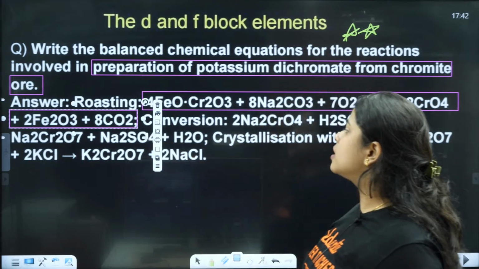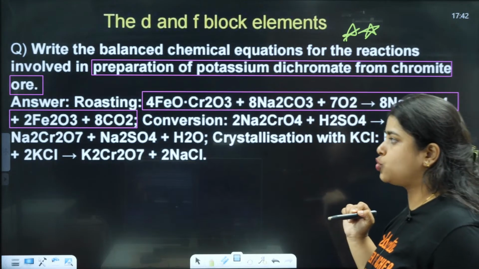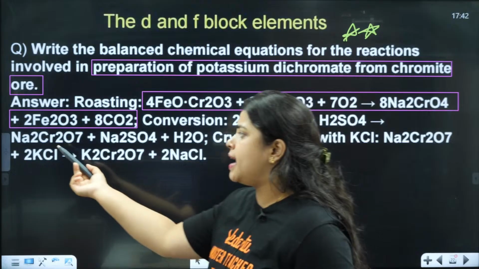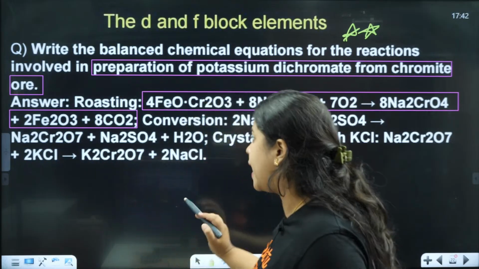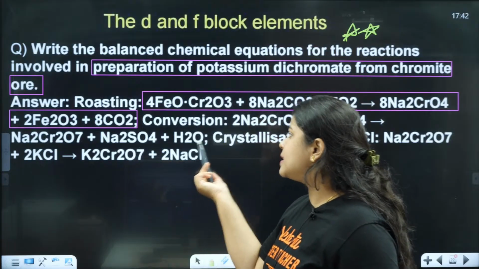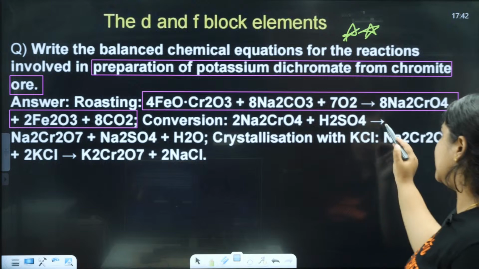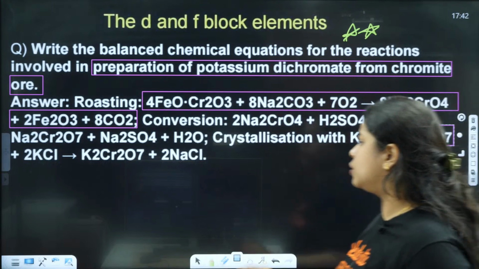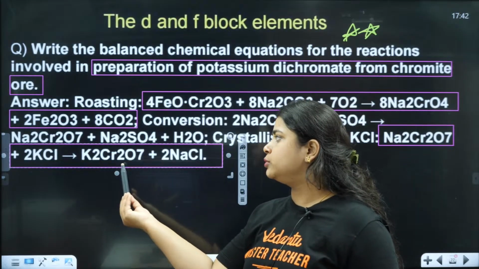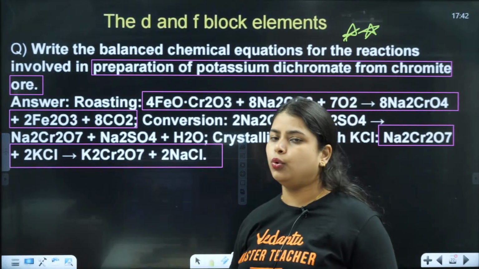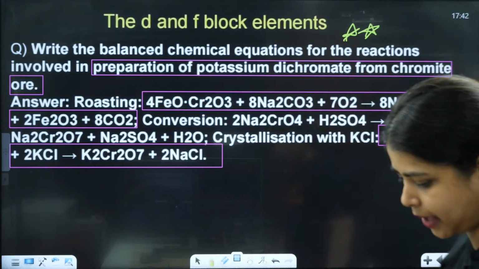Then 2Na2CrO4 plus H2SO4 forms Na2Cr2O7, and then Na2SO4 plus H2O. Crystallization with KCl, what will we get? Na2Cr2O7 plus 2KCl forms K2Cr2O7 and 2NaCl. Clear? So they ask this type of questions.